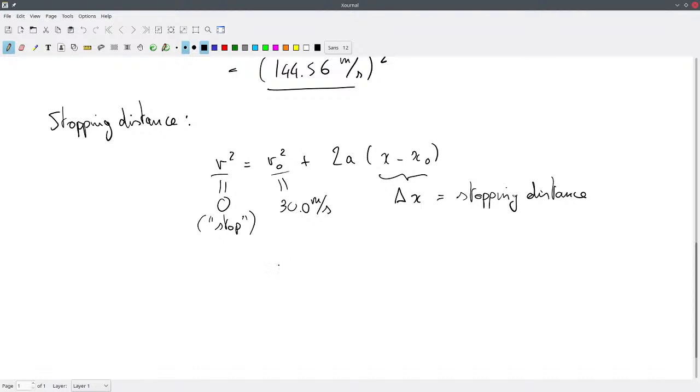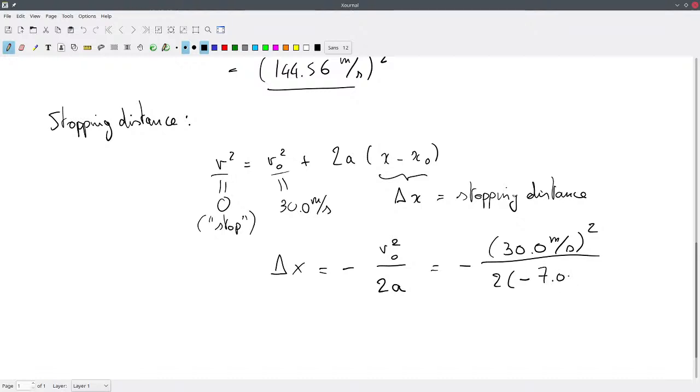And so if we want to calculate delta x, that will be minus v0 squared over 2a, or minus 30 meters per second squared over 2 times minus 7.0 meters per second squared, this was our a for dry conditions.